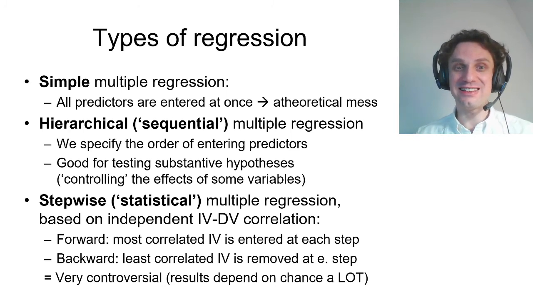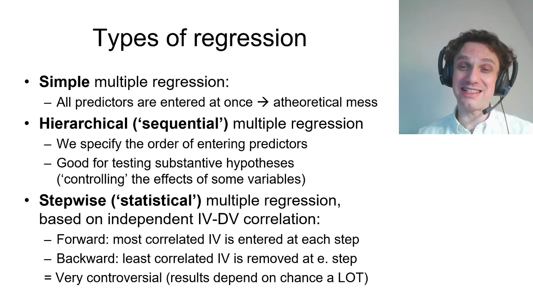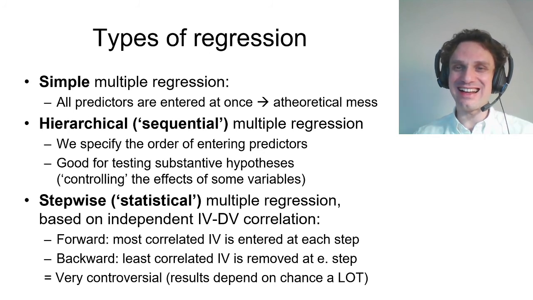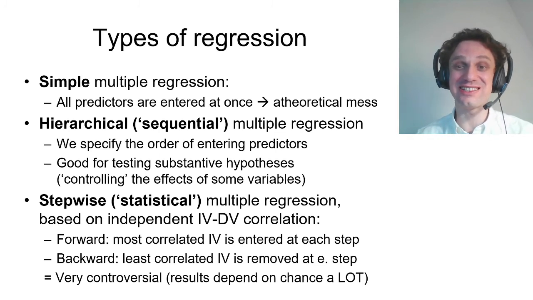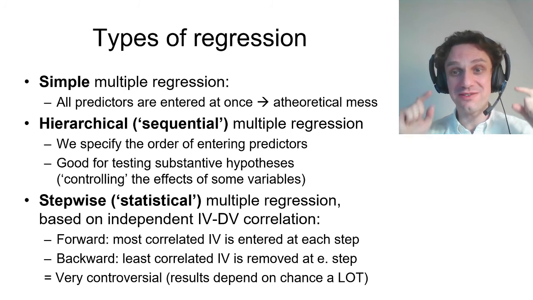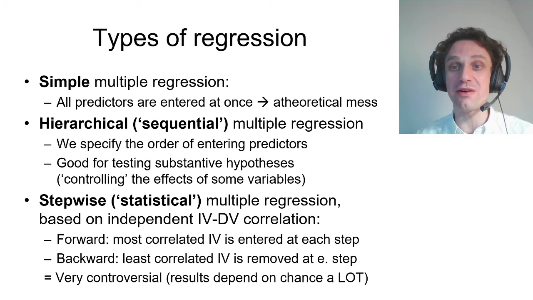That's why sometimes we use a different type of regression, or basically not a different type, but a combination of analyses, which is called hierarchical or sequential multiple regression. It's a situation when we specify the order of entering our predictors.